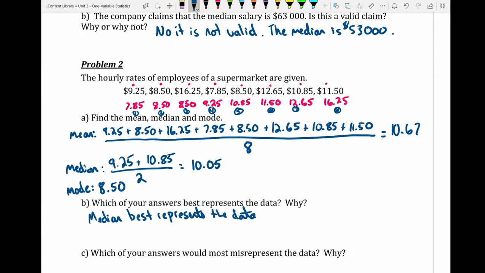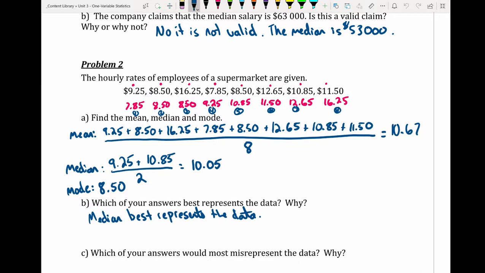And the reason for it is, one, the mode doesn't really matter, we're not too concerned about the specific value. The actual dollar amount doesn't really matter. I'm not too concerned that the most people make 8.50, right? If you're working at a place where there may be a lot of students, the student wage is going to be the mode, which doesn't really best represent the data.